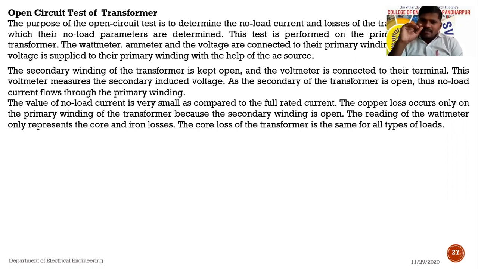So the reading shown by the wattmeter will only represent the core and iron loss. That means core and iron loss become constant losses. So core losses of the transformer are the same for all types of load.